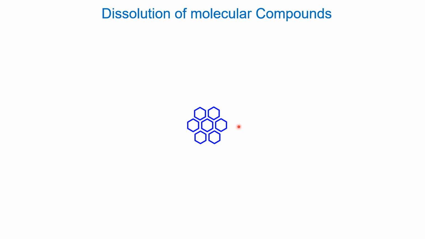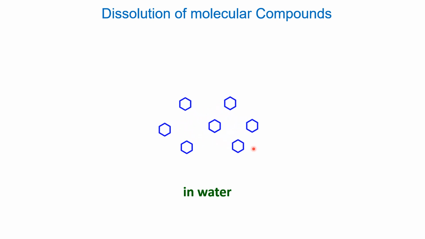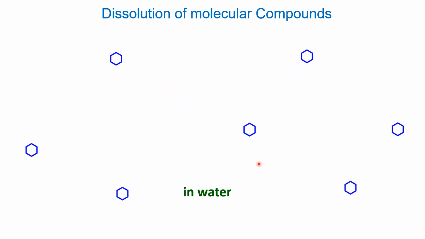Those are called intermolecular attraction. Intermolecular attractions are much weaker than intramolecular attractions. So when they dissolve in water, they just break those intermolecular attractions, so you still see those molecules. You still have the covalent bond as the intramolecular attraction. So that's the difference.